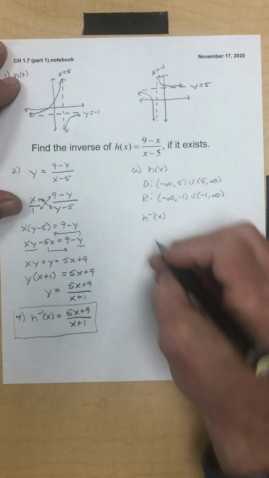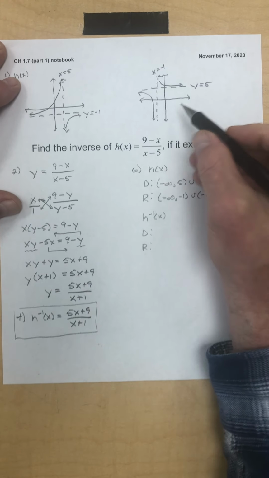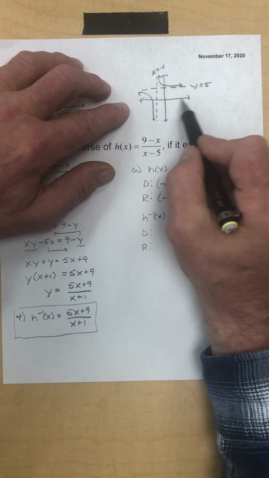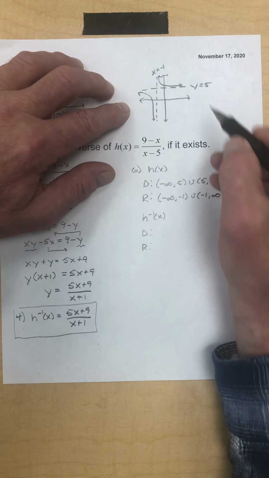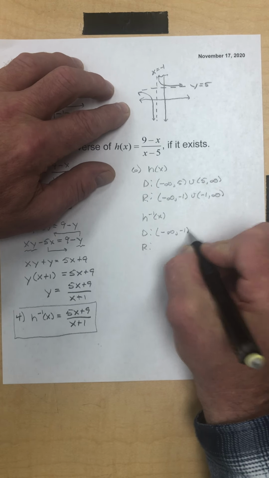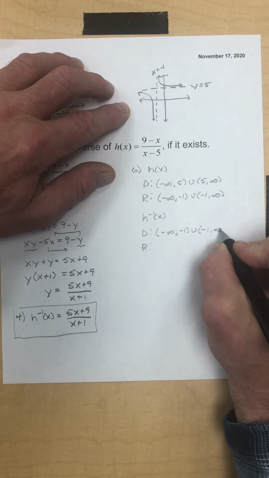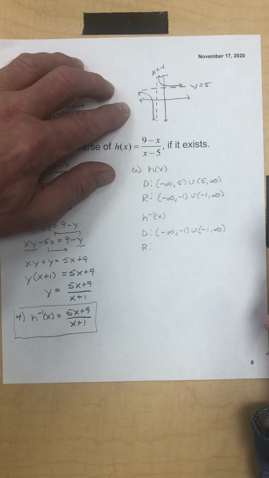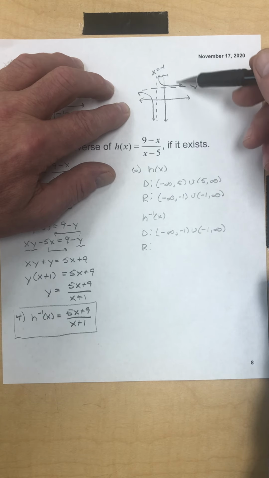So we take a look at what's going on with the domain and range here. The domain, everything along the x-axis works other than x equals negative 1. So that would go from negative infinity to negative 1, and then we throw negative 1 out and union that with negative 1 to infinity, right there. Now the range, everything's going to work other than y equals 5.